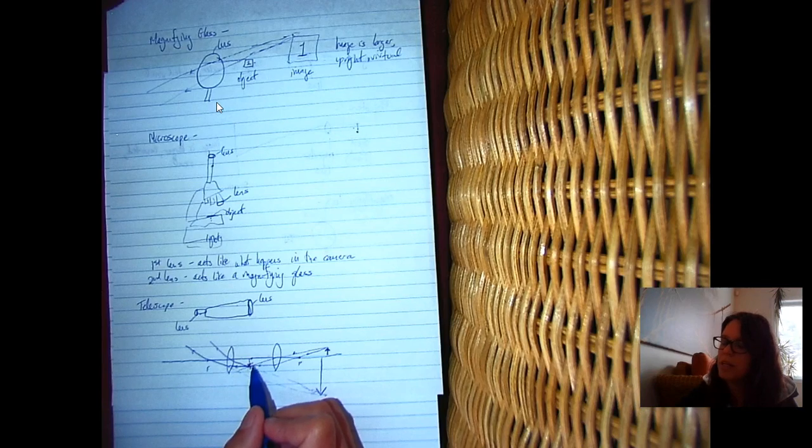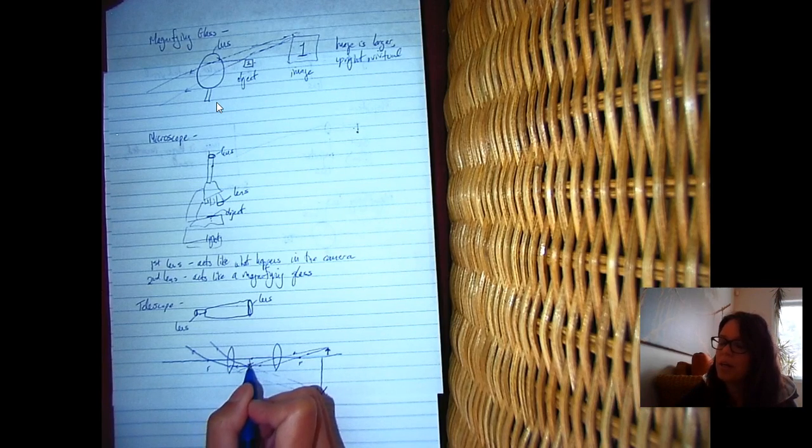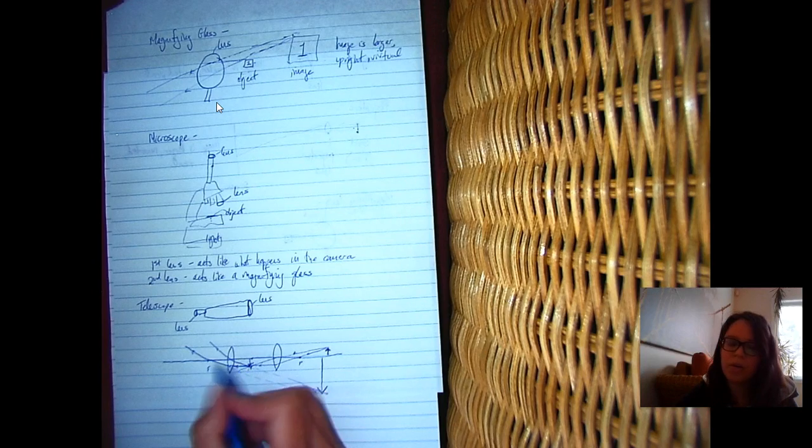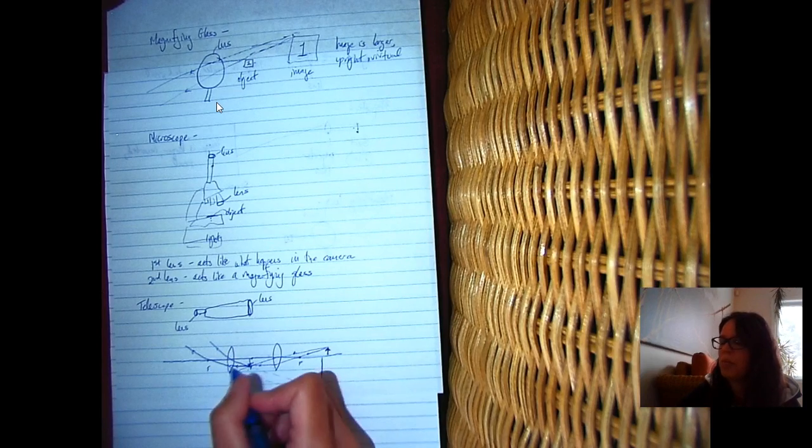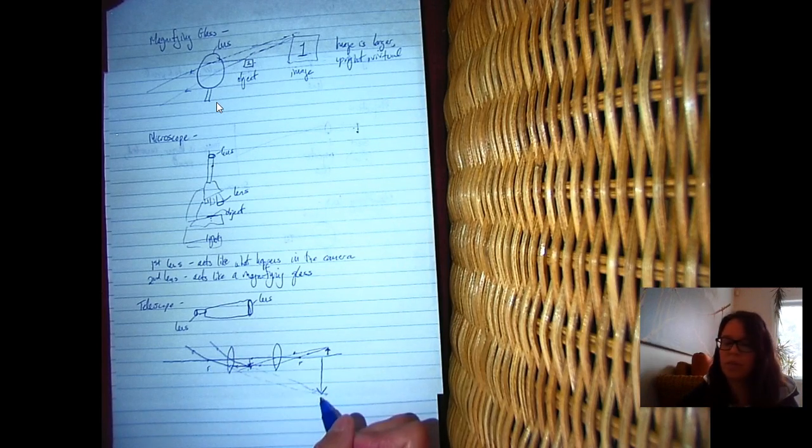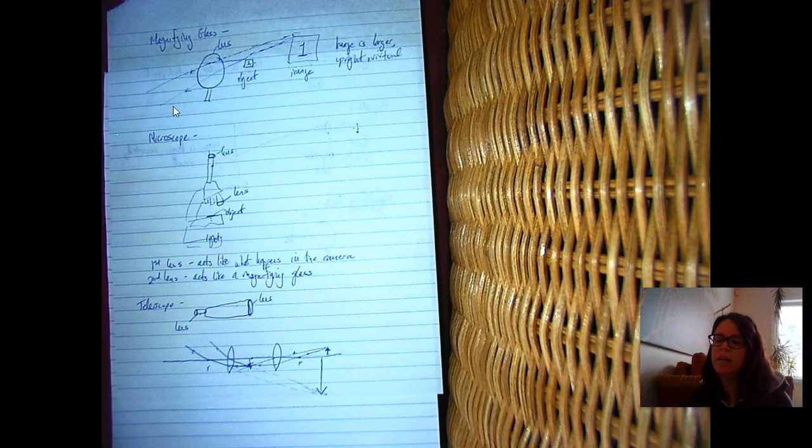And then those light rays now keep going, and the image becomes the object for the next piece of glass. But these light rays are not going to converge. They're going to have to be brought backwards so that you get this virtual larger image of what you just had. Okay. All right. That is going to be what I call a day on that one.